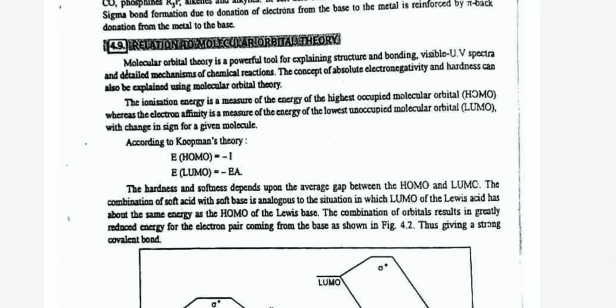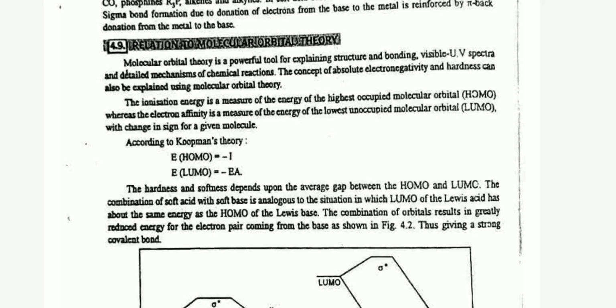Article 4.9, Relation to molecular orbital theory. Molecular orbital theory is a powerful tool for explaining structure and bonding, visible UV spectra, and detailed mechanism of chemical reactions. The concept of absolute electronegativity and hardness can be explained using molecular orbital theory.